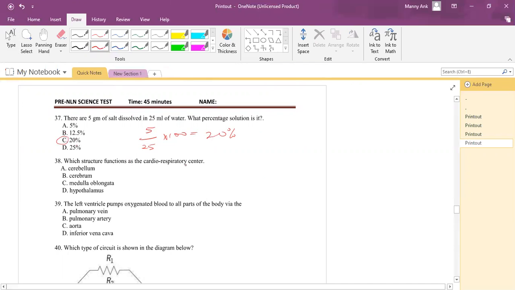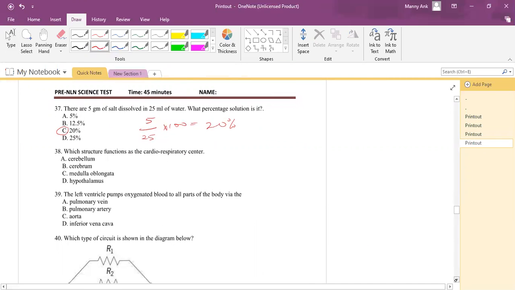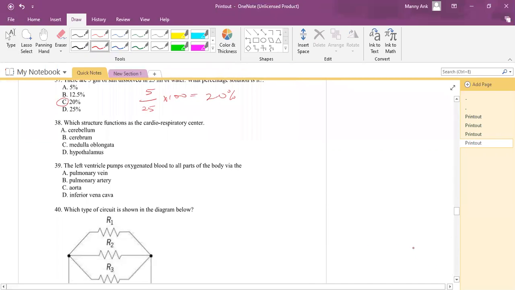So 20%. 38. Which structure functions as the cardiorespiratory center? This is the medulla oblongata.